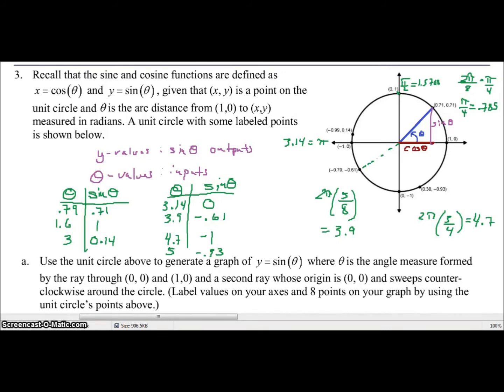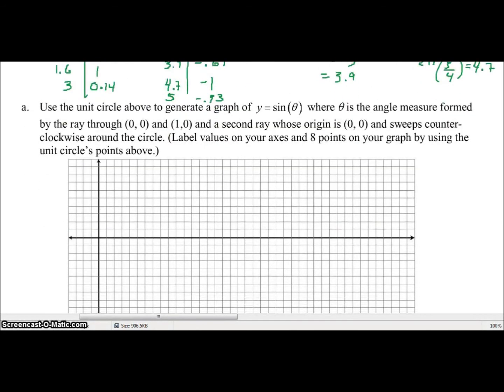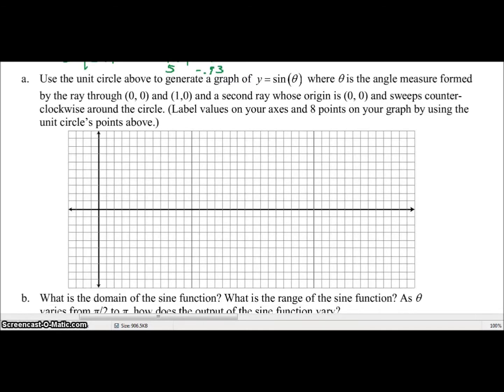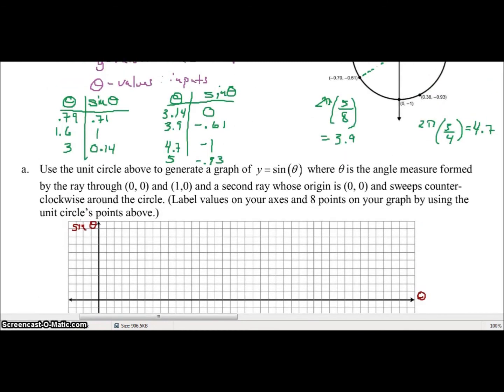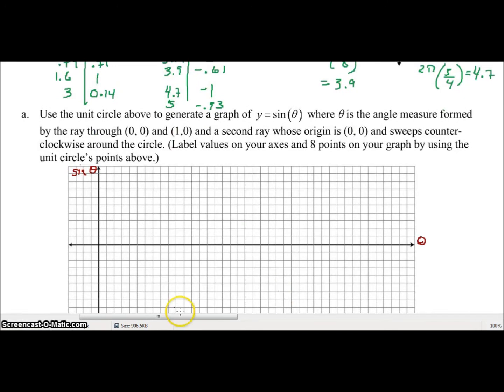Now let's see if we can plot these values. So the input here will be theta. The output is sine of theta, those y values. Theta ranges from 0 to 5 or so, so we've got quite a bit of room.